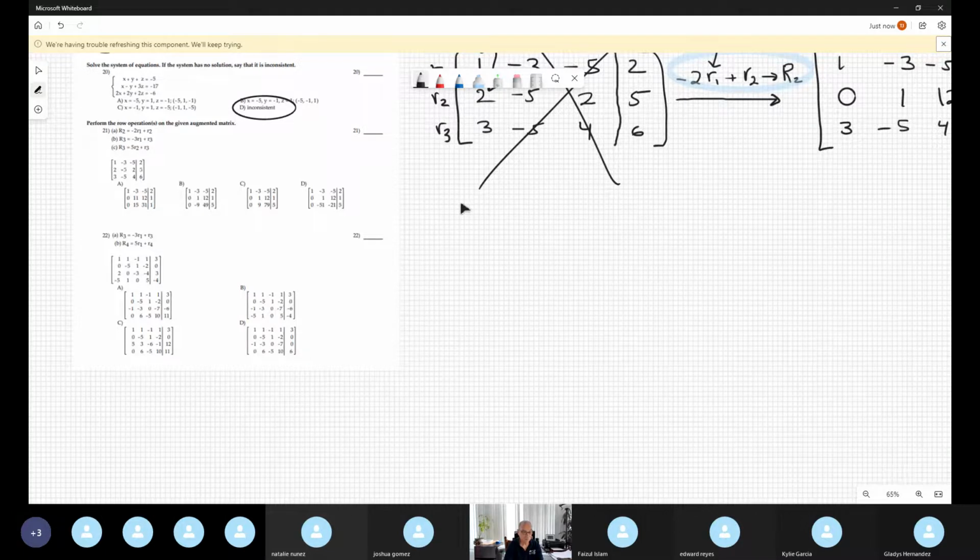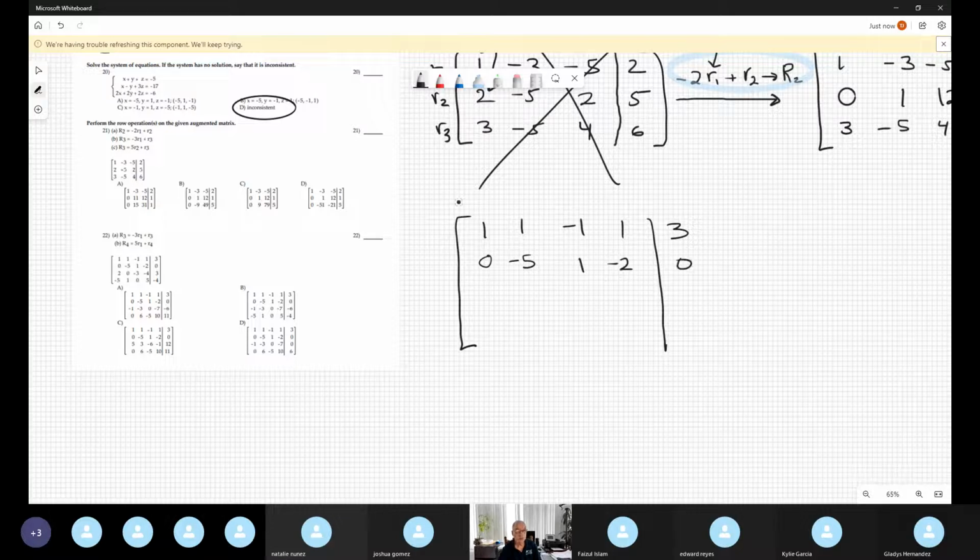Let me try 22. 22 is a big matrix, but we have only 2 operations. So the matrix is 1, 1, negative 1, 1, 3, 0, negative 5, 1, negative 2, and 0.